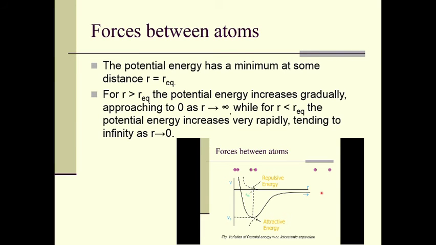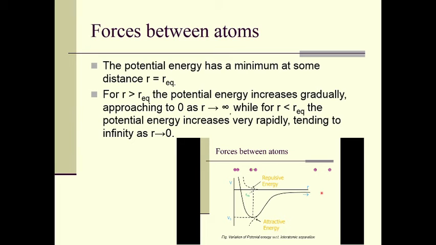in the diagram, that at r equal to R equilibrium the potential energy has a minimum, right? For r greater than R equilibrium, that means on the right hand side of R equilibrium, the potential energy increases gradually, approaching 0 as r tends to infinity. That means when the atoms are infinitely far away from each other, the potential energy gradually increases and approaches 0.